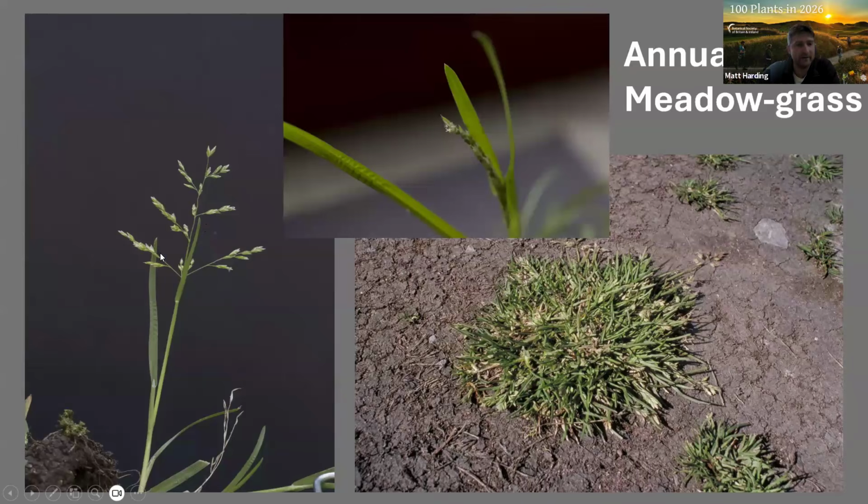And this species, the annual meadowgrass, has the characteristic little wrinkles in the leaf, as well as a fairly tall ligule, this little area of membrane at the base of the leaf. Here it is growing very flat, can cope with a lot of trampling, but it will grow upright as well.